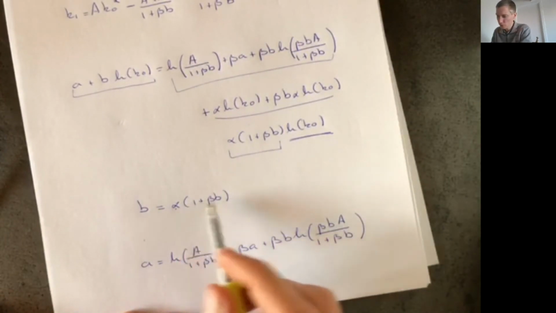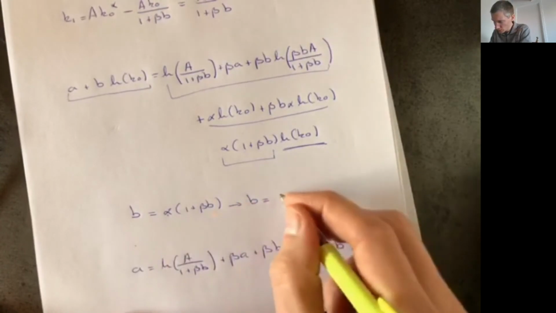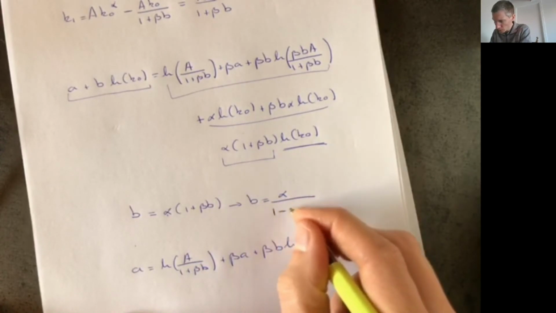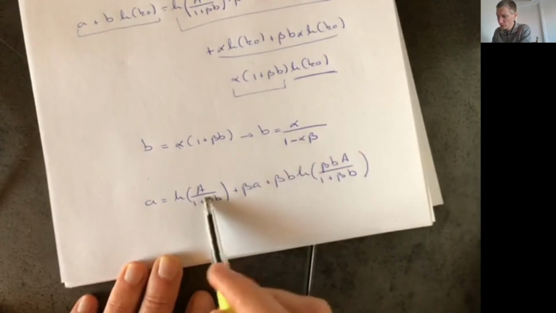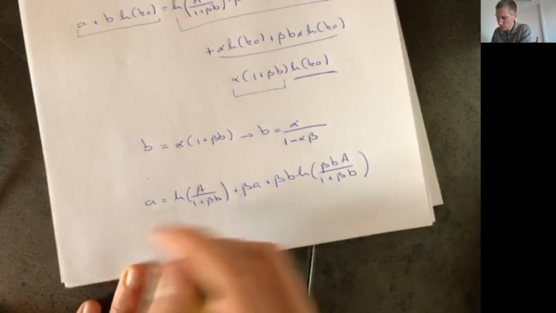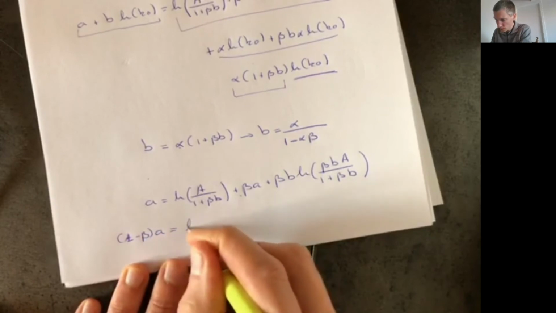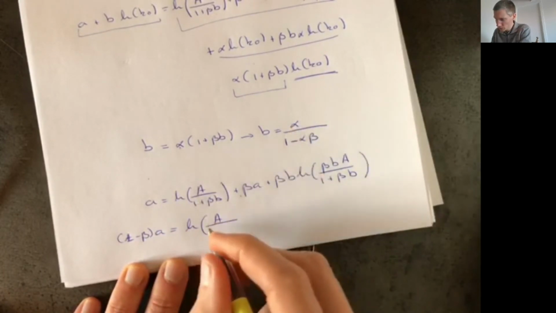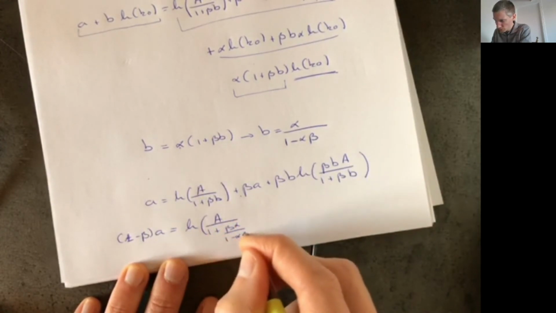So this allows me to solve for b. Okay, so b is equal to alpha divided by 1 minus alpha beta, and then I can substitute b in here and I can solve for a, right? So I have 1 minus beta a is equal to ln a over 1 plus beta b, which is 1 plus beta alpha over 1 minus alpha beta.